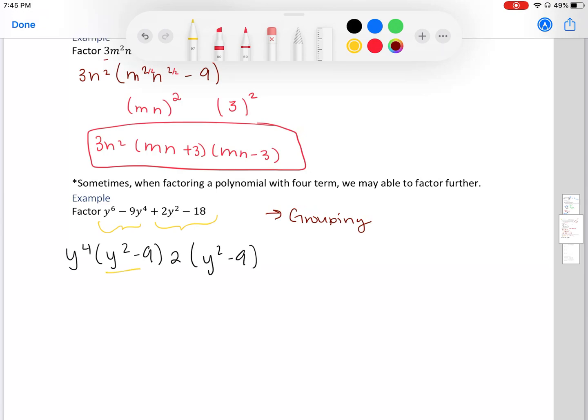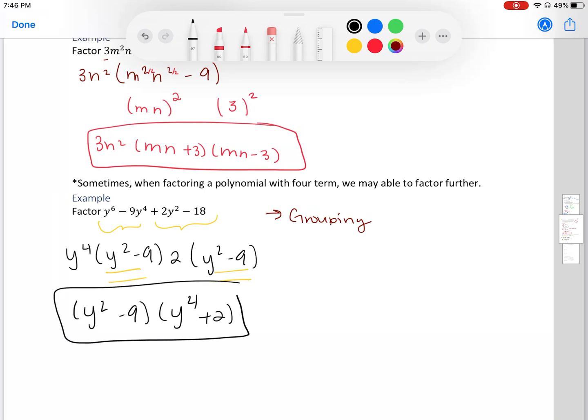We see we have the same thing in the parentheses. So this factors to be y squared minus 9 and y to the fourth power plus 2. Oops, well before we box it, I have to see if we fully factored. And no, we haven't.